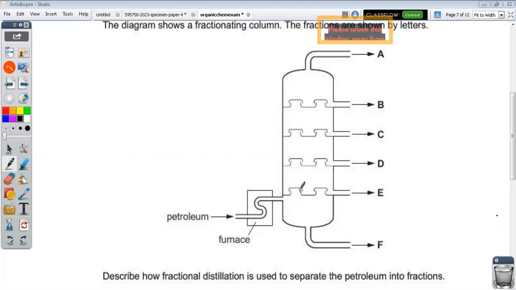So the fractions that are light with low boiling points go to the top, and the ones that are heavy with high boiling points go to the bottom. Clear? Then the last point is that as the temperature decreases, the fractions condense and they are collected by their different boiling points. Clear?